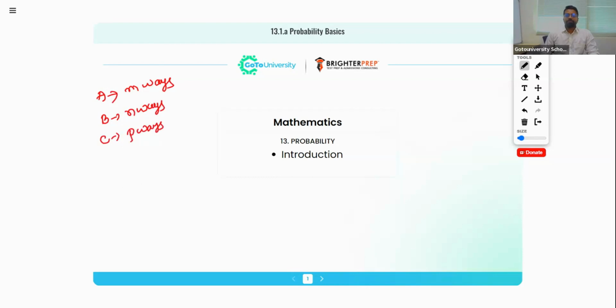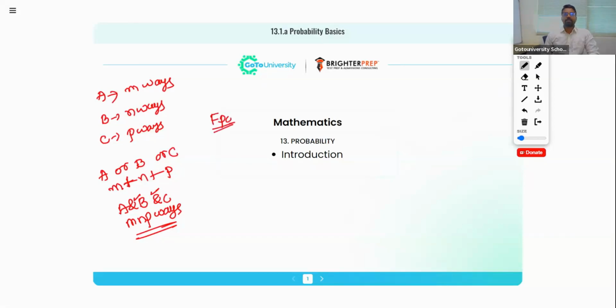If only one of them has to be done, either A or B or C, then how many ways can it be? m plus n plus p ways. But if all of them have to be done, A and B and C, then it is m into n into p ways. So we multiply in the case of 'and' and we add in the place of 'or'. That is what the fundamental principle of counting says. Okay. So is that clear?